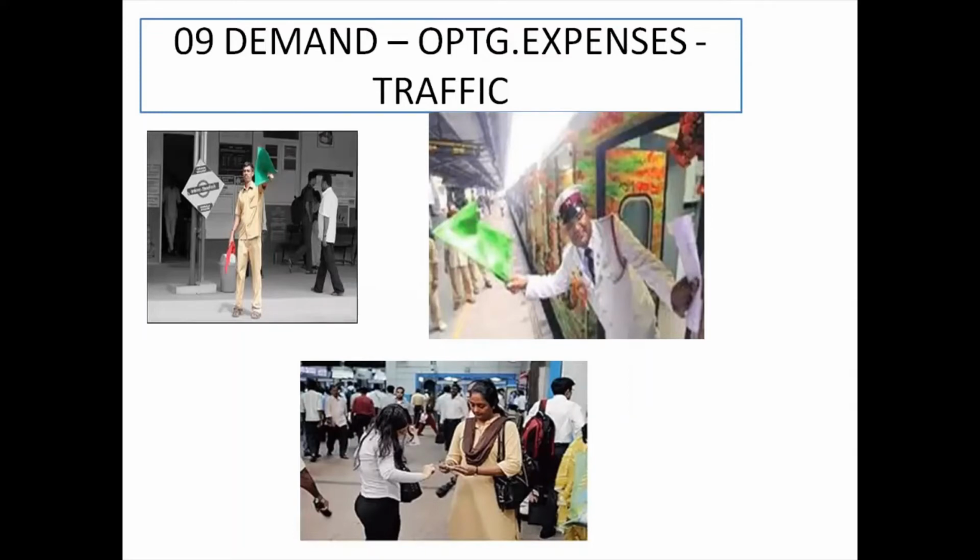Like that, demand number 9 is also the entire traffic department, that is including commercial and operating. So who are the staff working on the traffic side? Station master, booking clerk, ticket collector, TTE, squad, control room working in the DRM office, because they maintain the operation of trains, control the trains. Guard, or now the new name is train manager, assistant guard. All this comes under demand number 9.